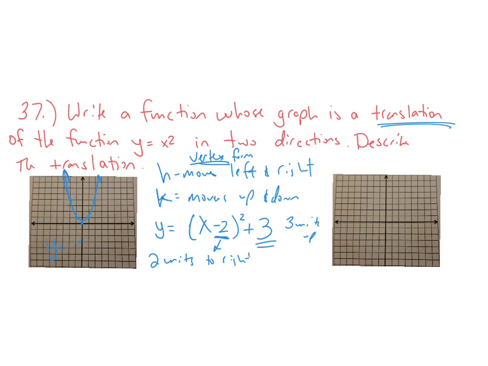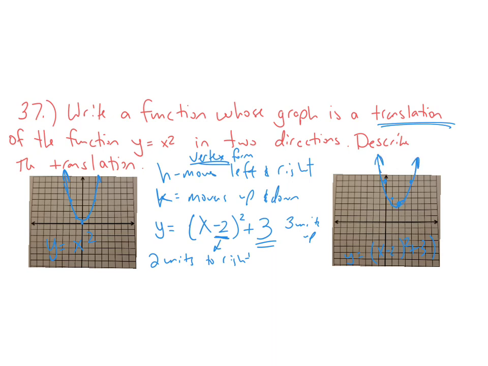So this is y equals x squared on the left. And this is y equals x minus 2 squared plus 3. So I go right 2, up 3, put a dot. And on the right is my new graph.